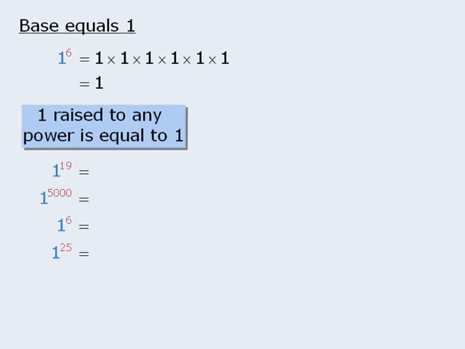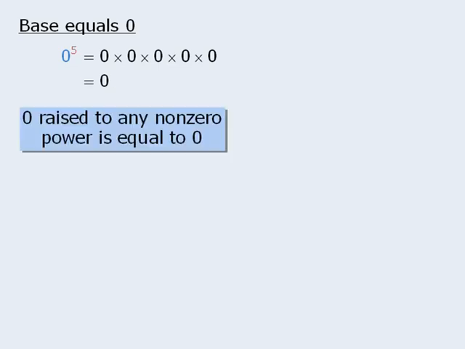So all of these expressions will evaluate to be 1. The next property concerns expressions where the base is equal to 0. In this example, 0 to the power of 5 is equal to the product of 5 zeros, which equals 0. In general, we can say that 0 raised to any non-zero power will equal 0. So all of these expressions will evaluate to be 0.